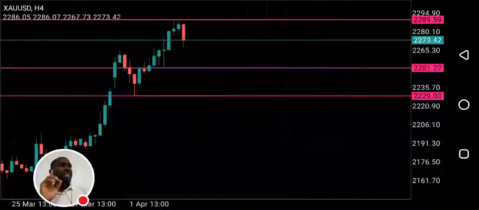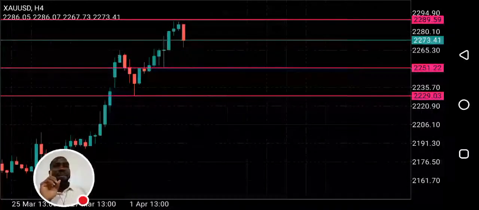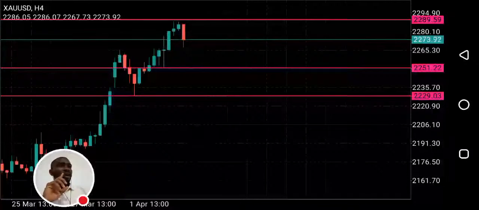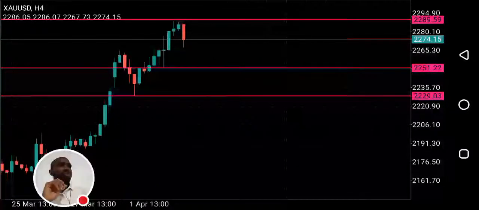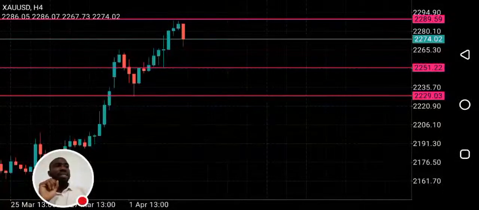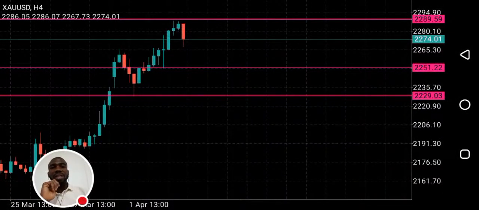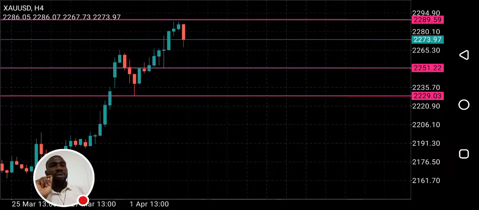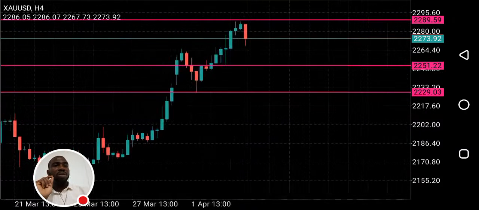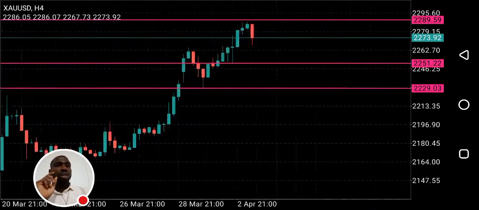We have ISM services PMI by 3 p.m. And we have Fed Chair Powell speaks by 6:10 p.m. Nigerian time. So we have three major news that would have a high impact on the market. But technically gold is bearish.